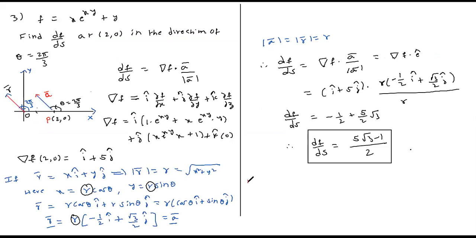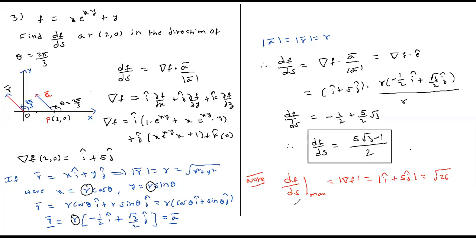Note df by ds max equals modulus of del f. What is del f? Del f is i bar plus 5j bar, so the modulus is under root of 26. Is that okay?